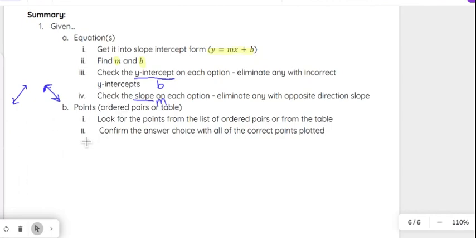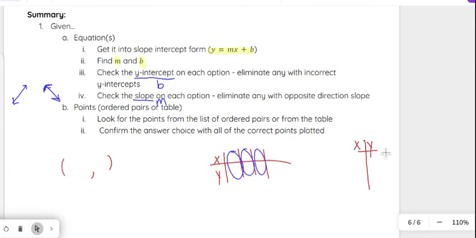All right, and then points. Remember, ordered pairs will be written as a list of ordered pairs in parentheses with commas between the x and the y. Tables, we will see with an x and a y row, or it could be vertically like this, an x and a y column. But remember that tables are really just a list of ordered pairs. Any of the numbers that are together, for example, these, or these, or these, or this way, those are really just ordered pairs.